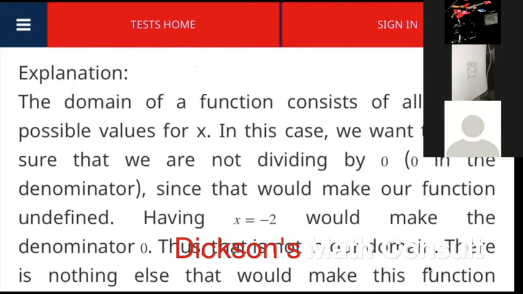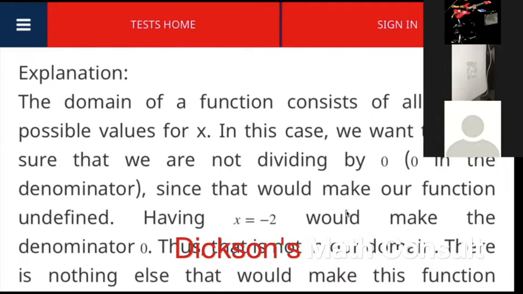Anytime you are given a function, what you are trying to avoid is dividing by 0. It makes your function undefined. So you just have to make sure you don't divide by 0. Now, 0 in the denominator. Numerator is up, denominator is down. Since that would make our function undefined.